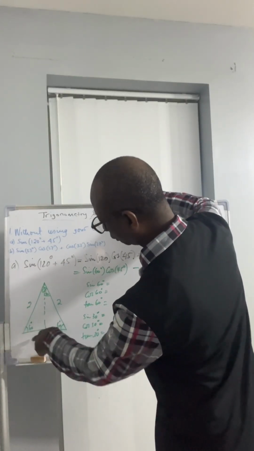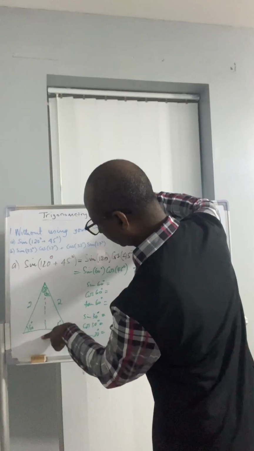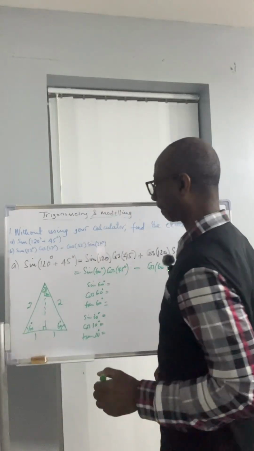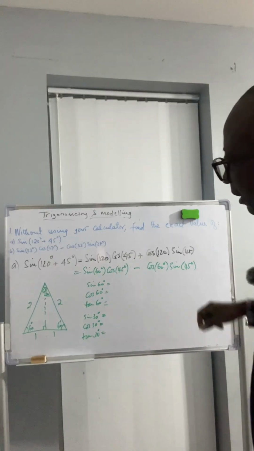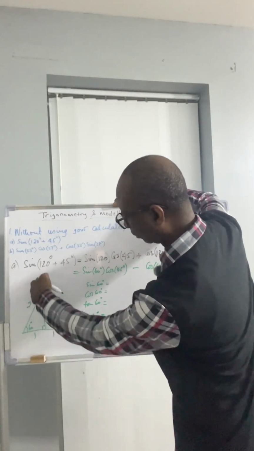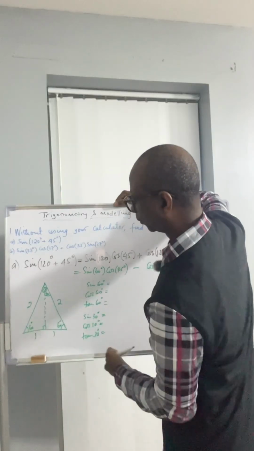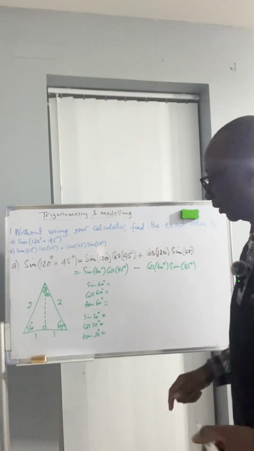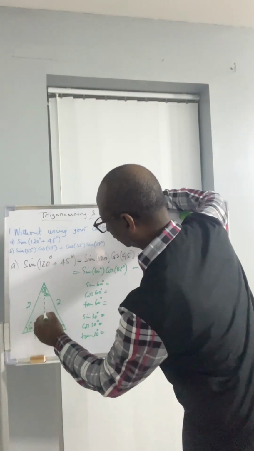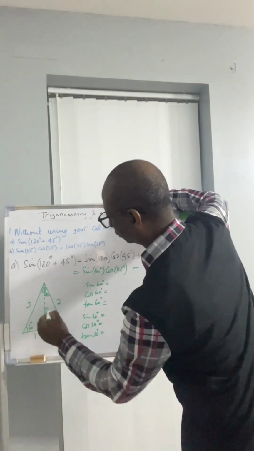And here it was 2 units. Now this is going to be 1 unit here, 1 unit here. We need this length. This length now, we split the triangle into 2. What is this length? You know, from Pythagoras theorem, this is going to be root 3. You know how we find that one? I don't want to waste too much time.